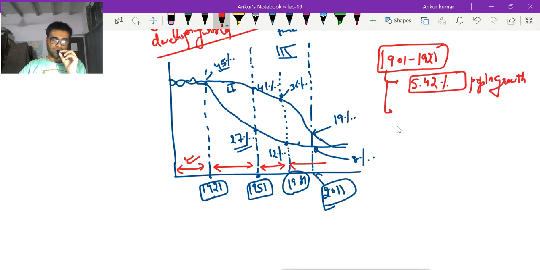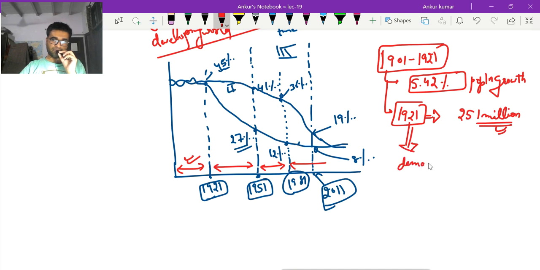And in this phase, in 1921, the population of India was 251 million, right? And 1921 is also called the demographic divide of India.